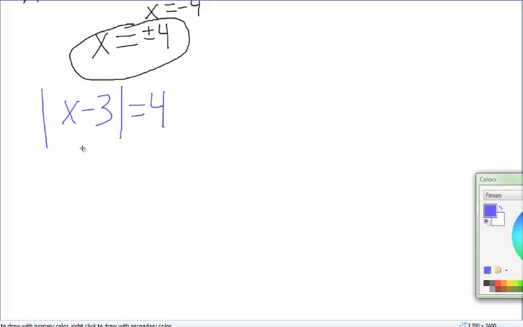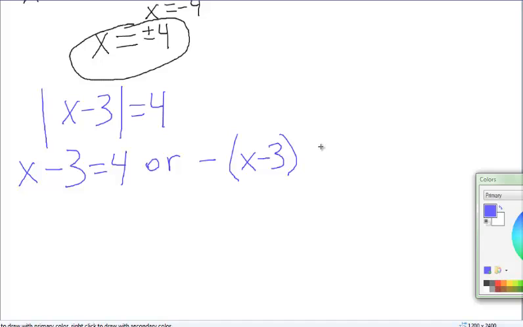This x minus 3 could be positive, so we could do x minus 3 equals 4. Or if this number is negative, we have to change the sign. And so we have to do negative of x minus 3 to take care of the absolute value equals 4.